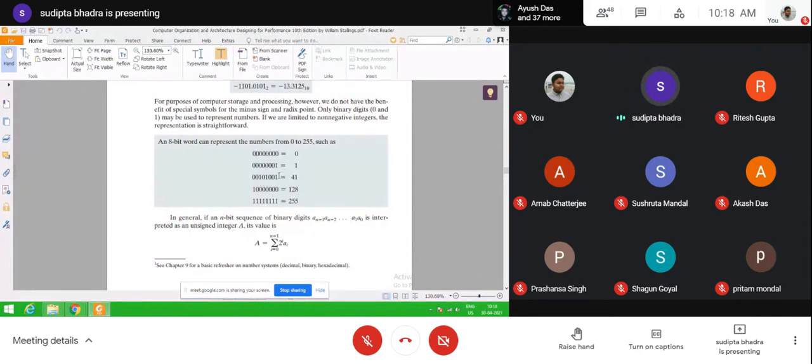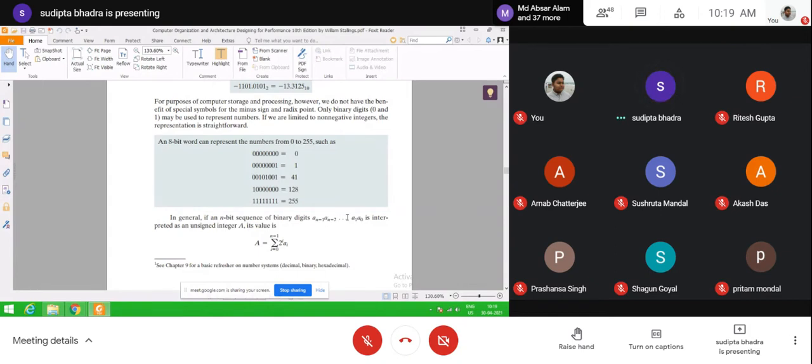For example, 7 zeros and then a 1 means a0 is 1, and from a1 to a7 all the bits are zeros. 8 ones means from a0 to a7, all the bits are 1.